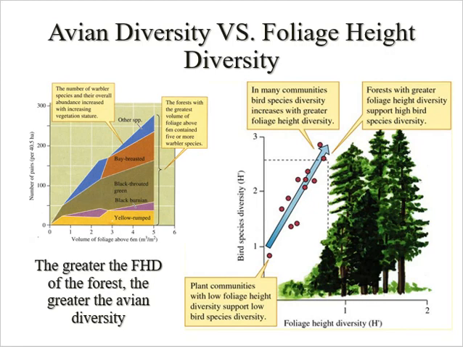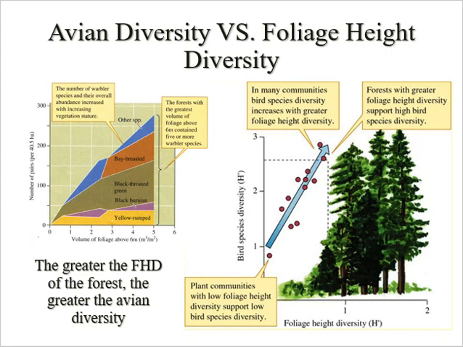Now, MacArthur found that warbler diversity in general increased as, quote unquote, vegetation stature increased. So, in other words, plant communities with greater foliage height diversity supported more diverse avian communities, or more diverse bird communities.